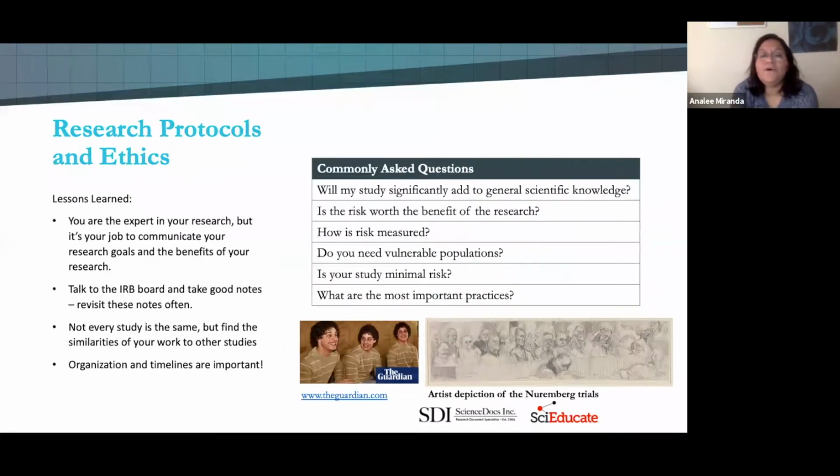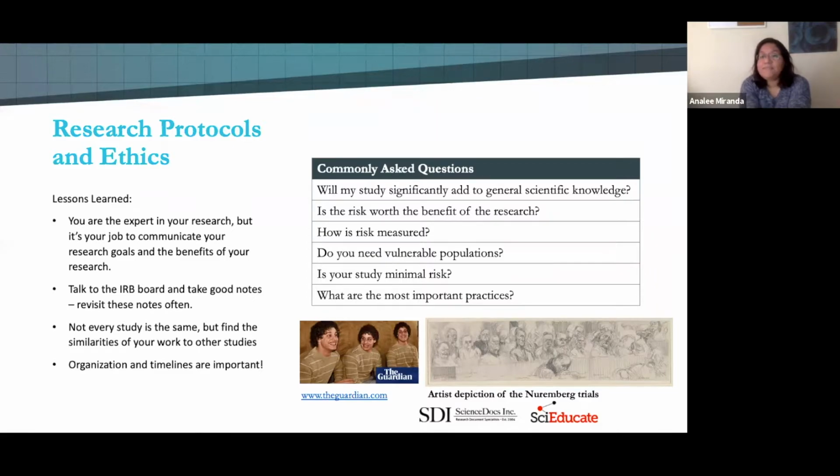All right. So some of the questions that are commonly asked when you're in front of the IRB are: is the science that you're going to be learning from your study going to be significant enough to be worth the risk, essentially, because you're going to be testing on all of these participants?